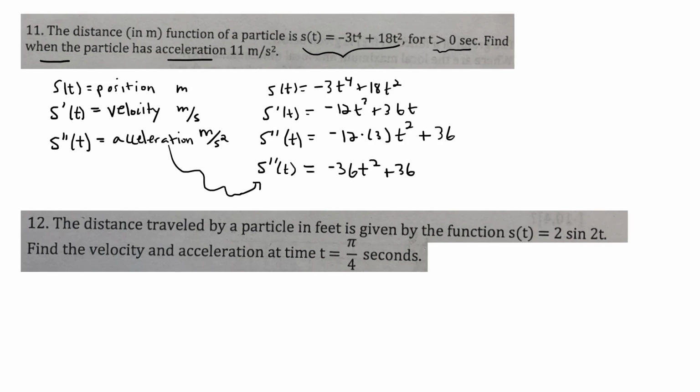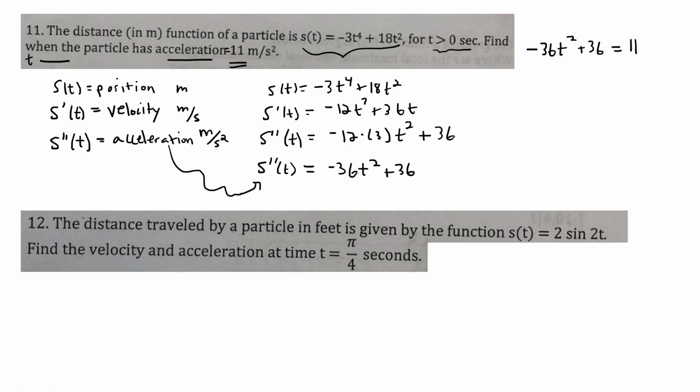Find when, that's a time, the particle has acceleration equal to 11 meters per second squared. And so we have then to set acceleration equal to 11. Negative 36t squared plus 36 equals 11.